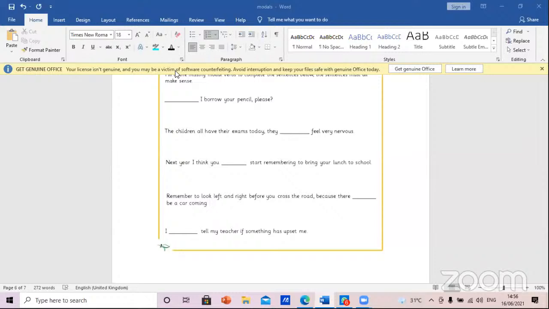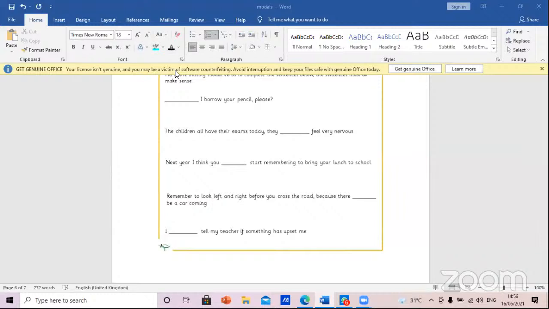Only one child gave me the answer, that is can. There can be a car coming. There's a possibility, right? There can be a car coming.